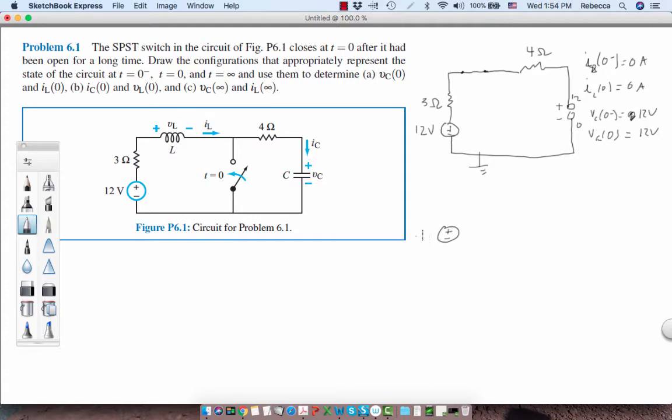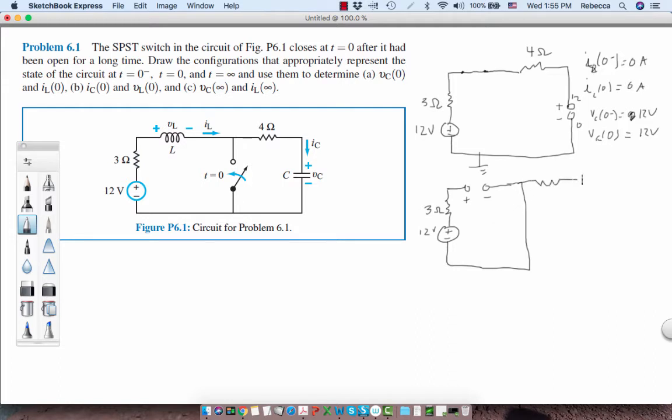So this is 12 volts, 3 ohm resistor, and we have our inductor, and we now have a short circuit down the middle.